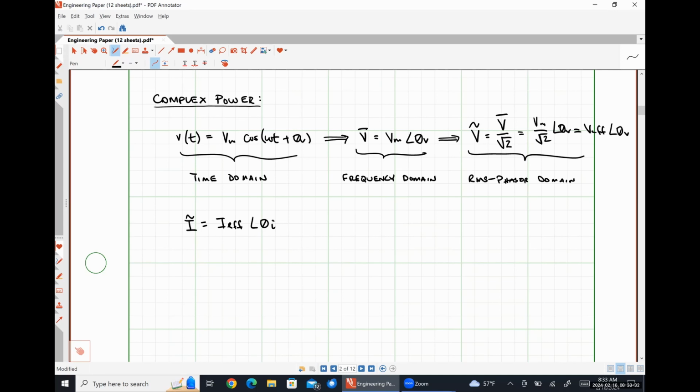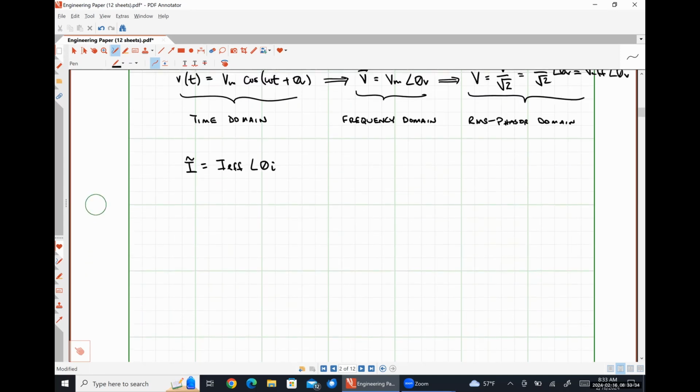So if we look back at our average power relationship, where we have P average is equal to V effective times I effective times the cosine of θv minus θi, this is just the real part of the following mathematical operation.